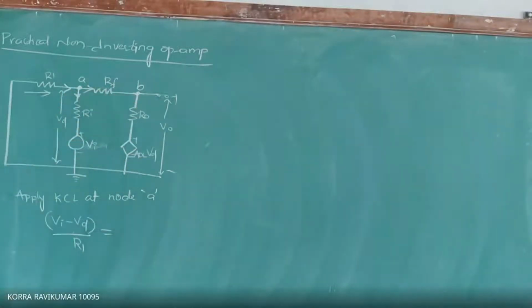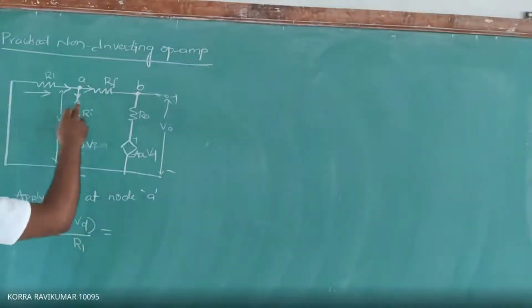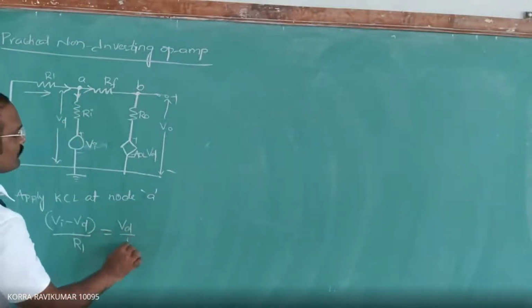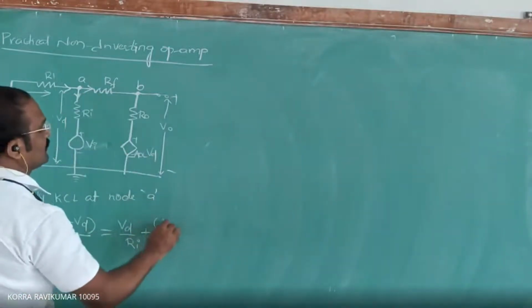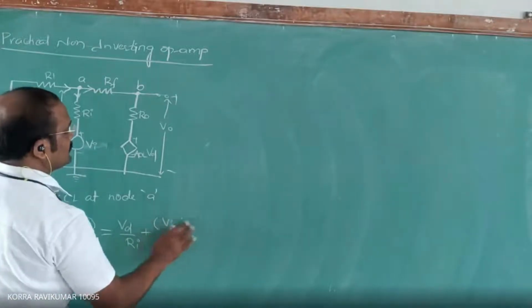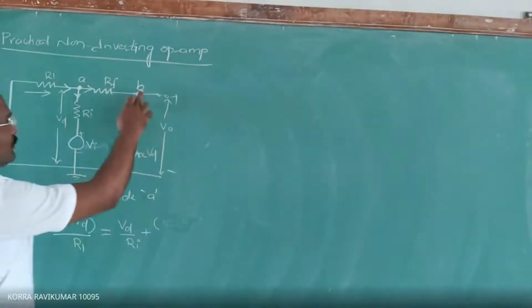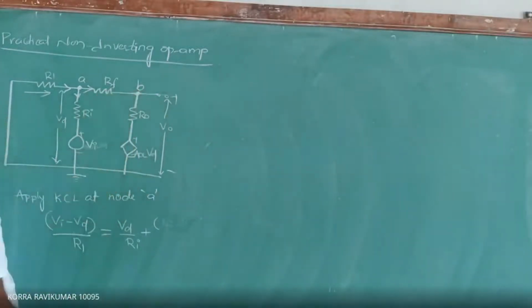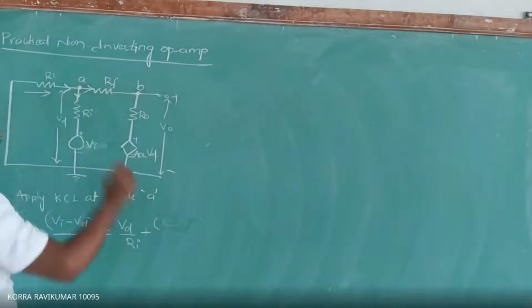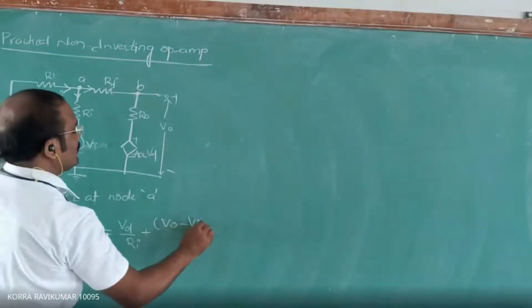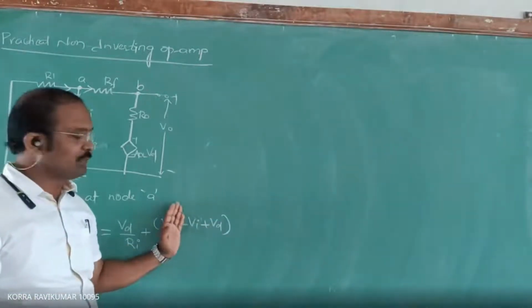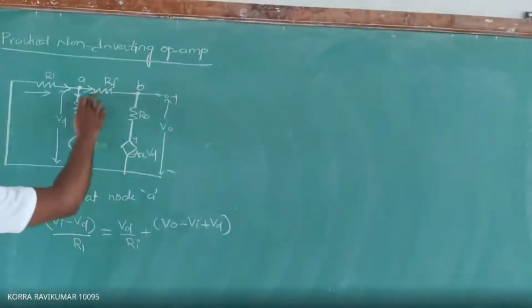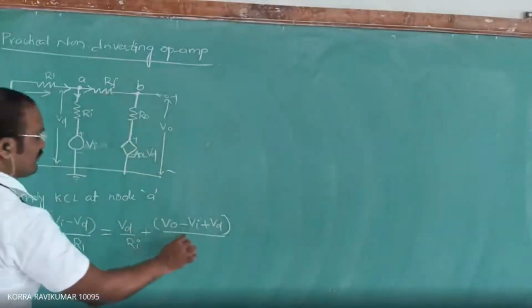That is equal to Vd by Ri, because the voltage across Ri is Vd, the differential voltage, plus (V0 minus (Vi minus Vd)) divided by the resistance Rf. Here V0 is not the output voltage but the voltage present at the second terminal of Rf.